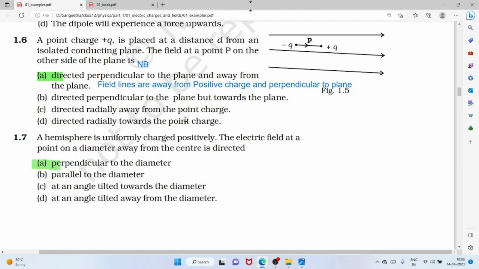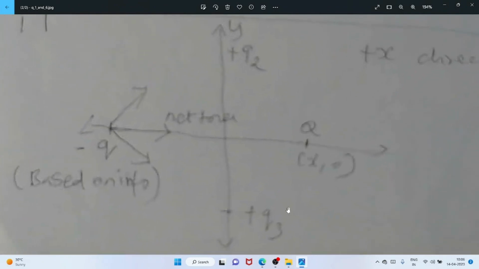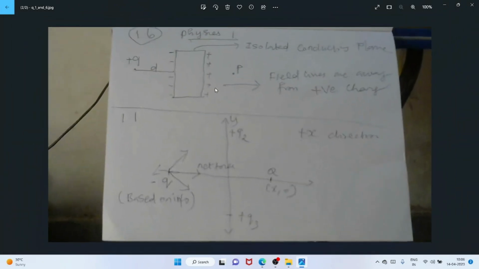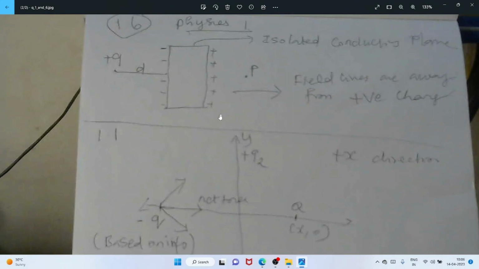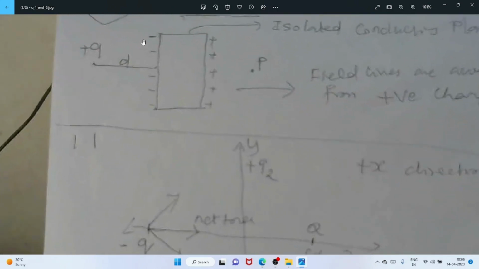A point charge Q is placed at a distance d from an isolated conducting sphere. What is the field at point P on the other side of the plane? Here this is the positive charge, and it induces a negative charge.